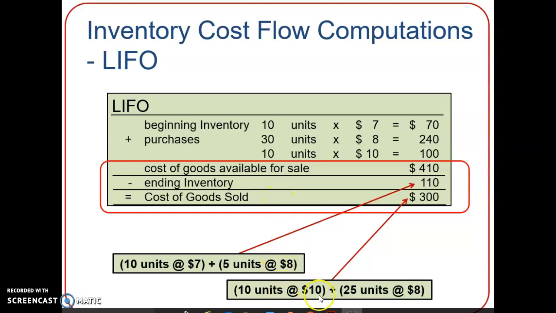We already found 10 in the newest, so we have to go to the second newest batch, which has 30 units at 8, but we only need 25. Where does the 25 come from? 35 units sold minus 10 from the newest batch. 25 at $8 each, that's how we get 300.